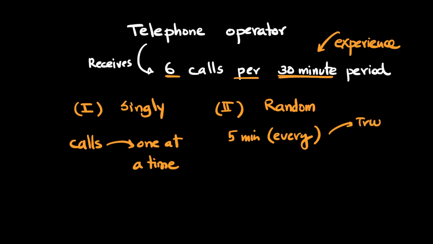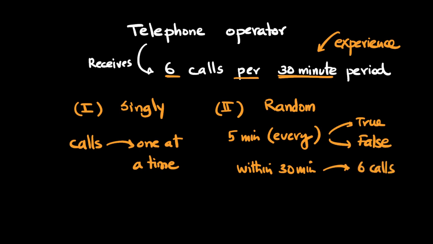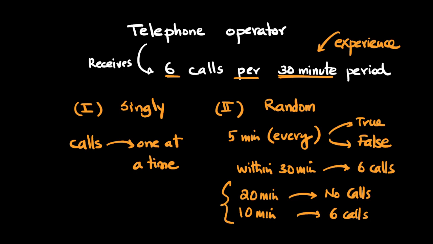It could be true, it could be false. The main thing is that within that 30-minute period, yes, the telephone operator will be receiving 6 calls. It could be that during the first 20 minutes, there are no calls. But in the last 10 minutes, there are 6 calls. Still, the average is the same, that is 6 calls in 30 minutes.